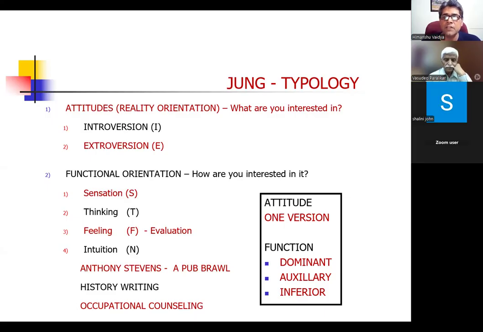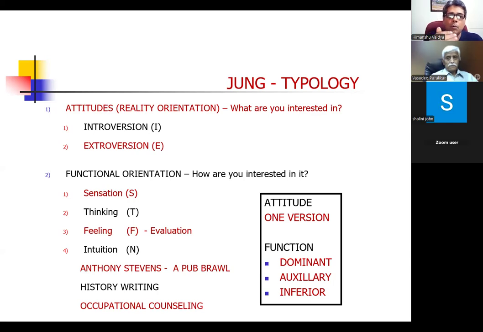So from an individuation point of view also, typology is important. If you are doing occupational counseling, trying to tell people which job will be best suited for them, then typology is very important. The Jungian typology is pervasively used directly or indirectly in occupational counseling when you are trying to tell somebody what kind of job he fits into.